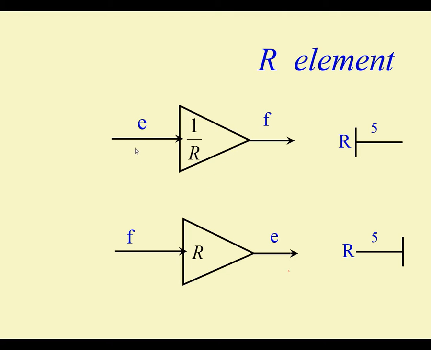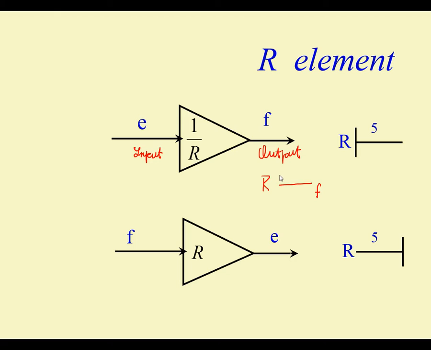You see, this is input and this is the output. So if you were to write, let's say this is R, what's the output of this? You immediately put F in here. What's the input of this?